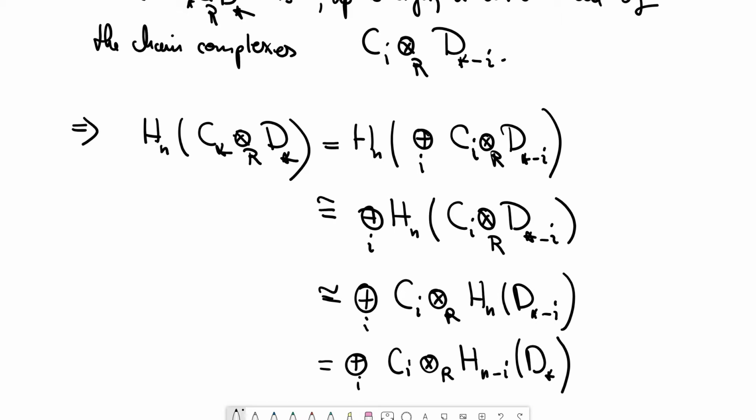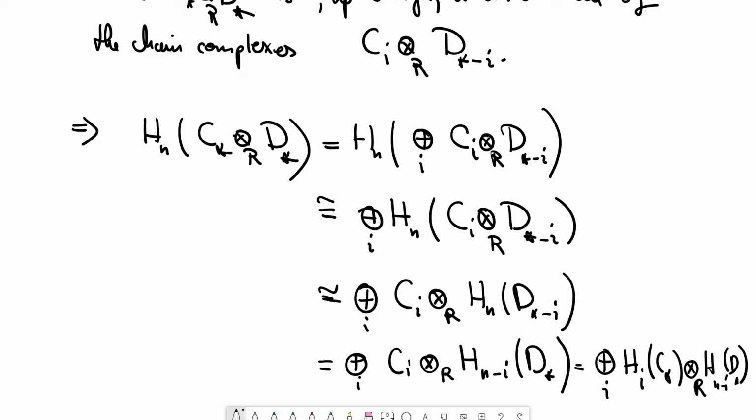And now if you want, you could also replace this Ci as Hi of C star. C star has no differentials, so the homology coincides with the chain complex. And then it really looks like what we want to prove.